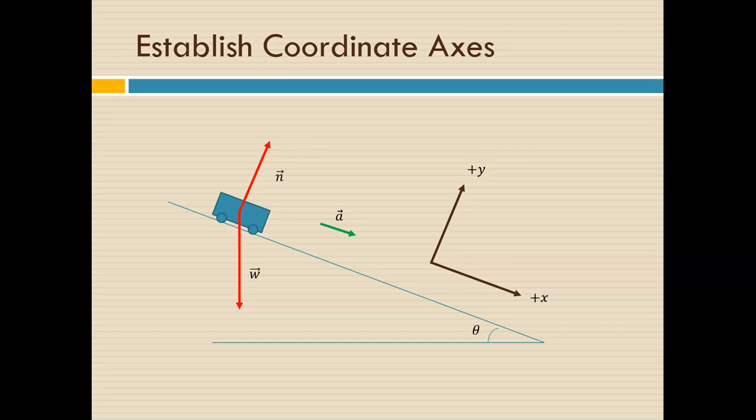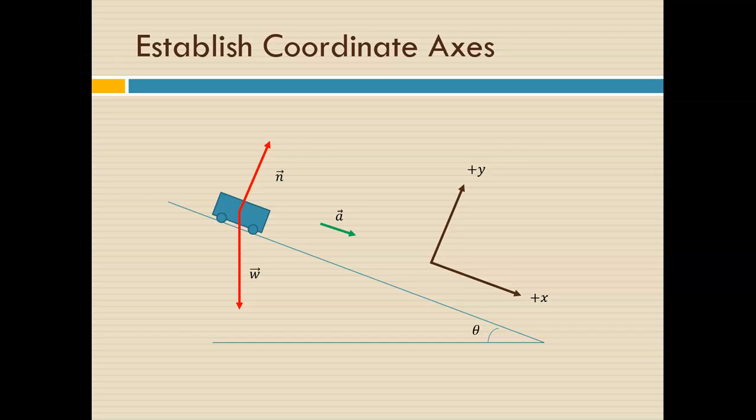That way I only have one equation for my acceleration. Nice little trick there, yes? So that means a does not have a y component, and N does not have an x component. That makes it a little bit easier.